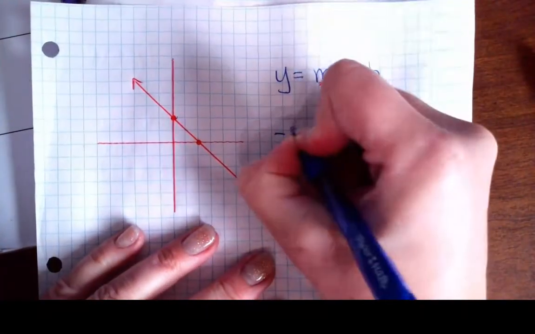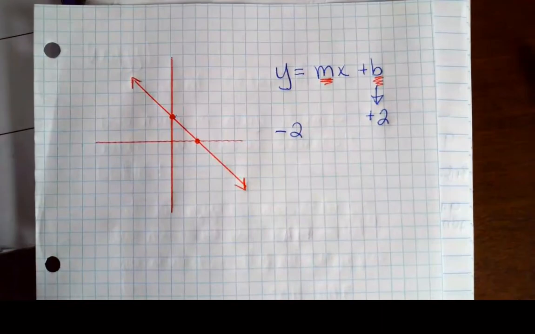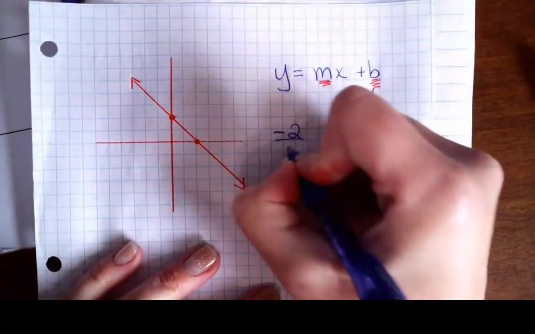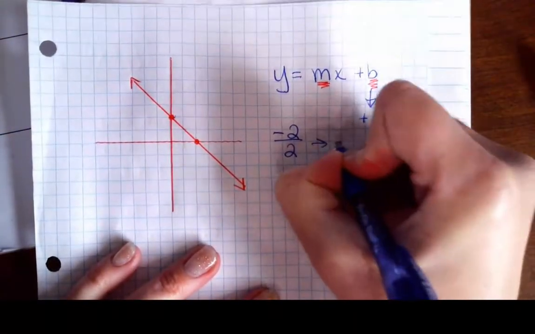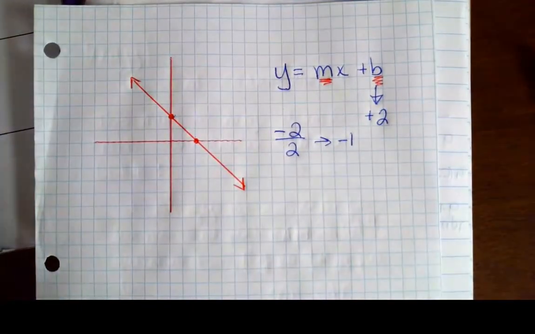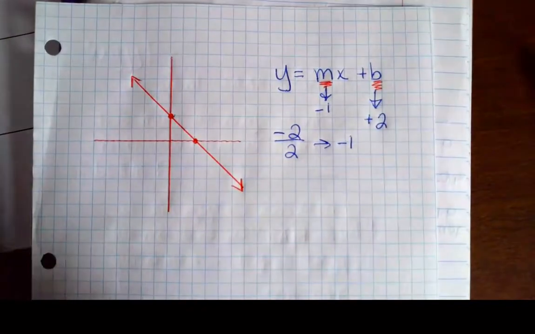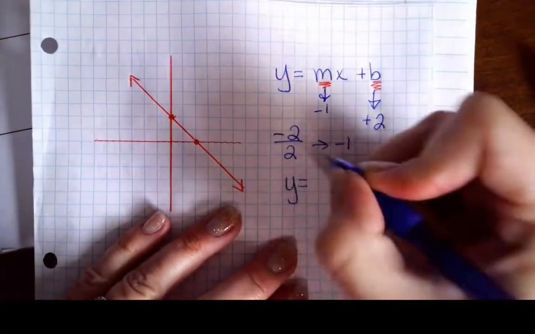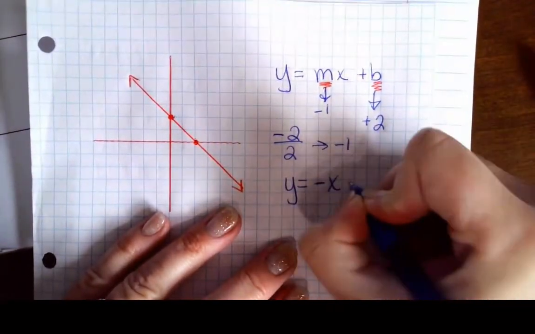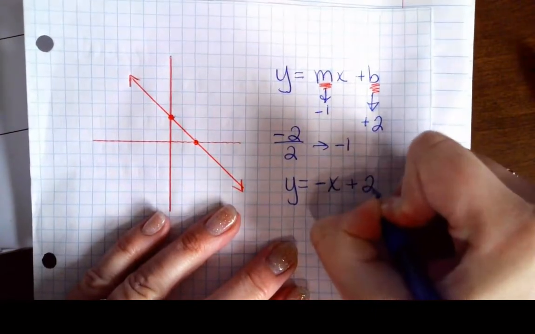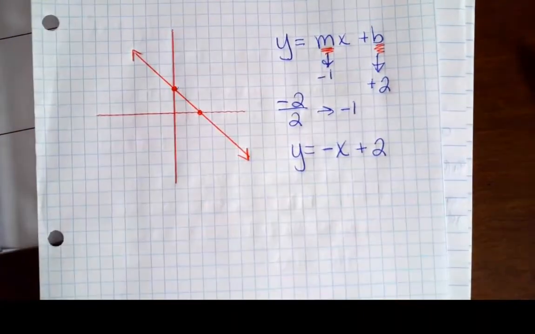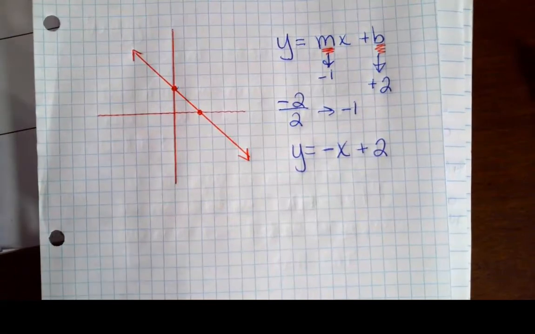So I went down 2, which is -2, and then I went right 2. Well, that reduces to -1. So my m is negative 1. So my final answer is y equals a negative 1x plus 2. And that's the equation of this line.